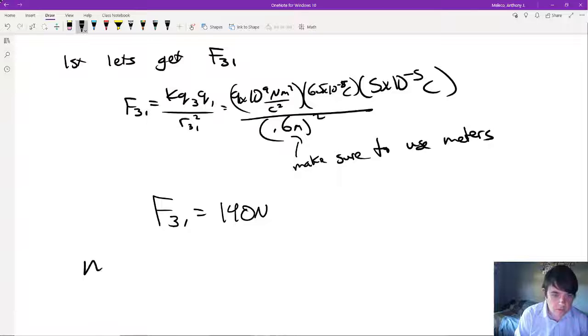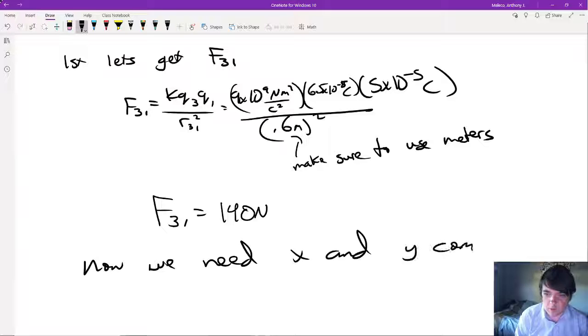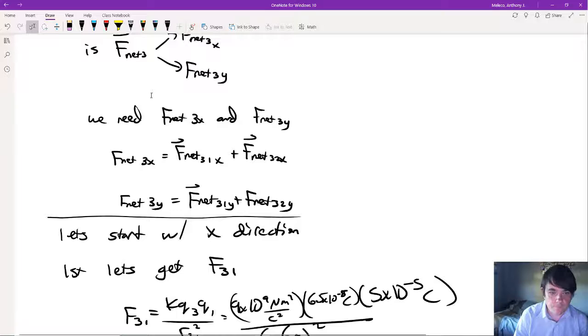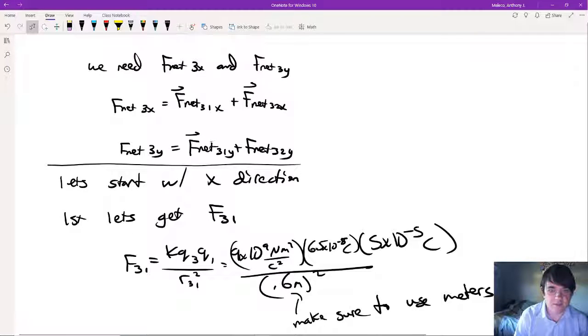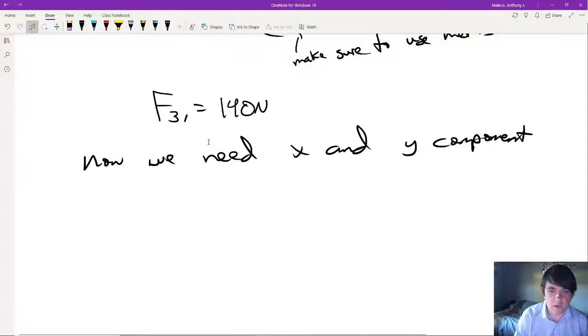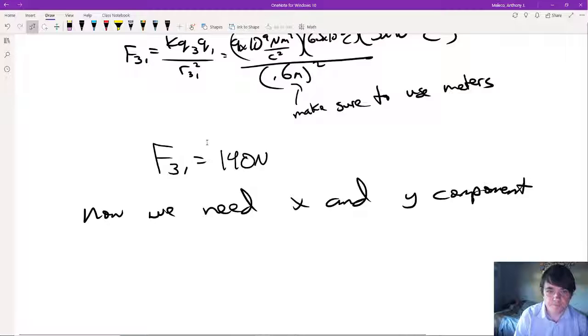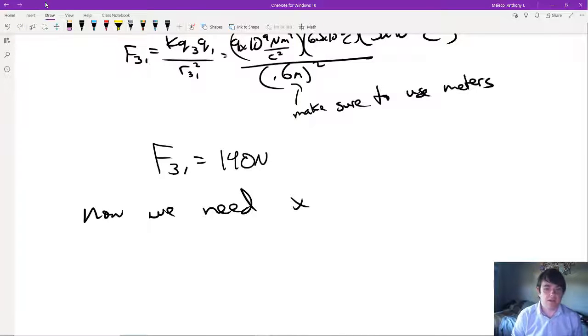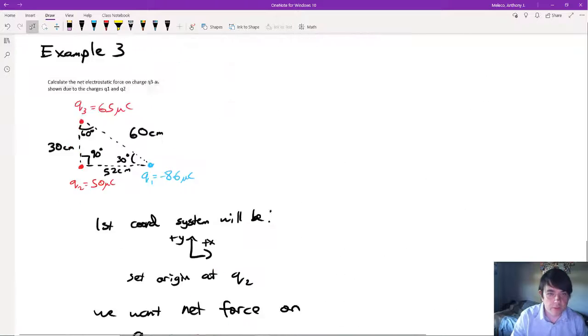Now we need the x and y components. Oh, I was just doing the x's first. Yeah, that's fine. Let's just do the x's. Okay, so now we need the x component. F31 is 140 newtons.